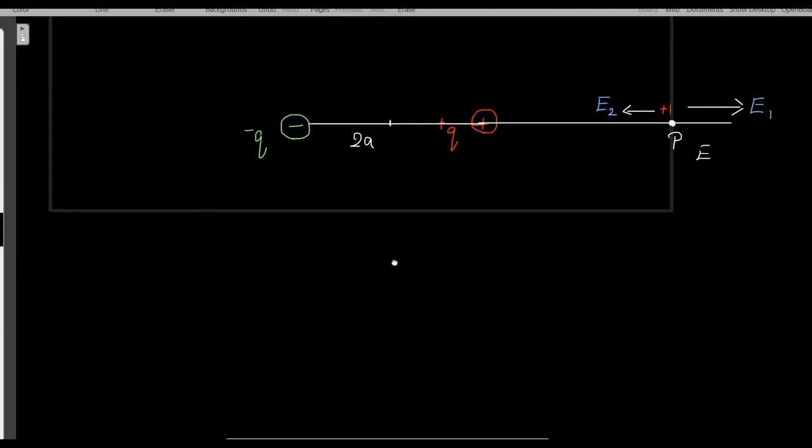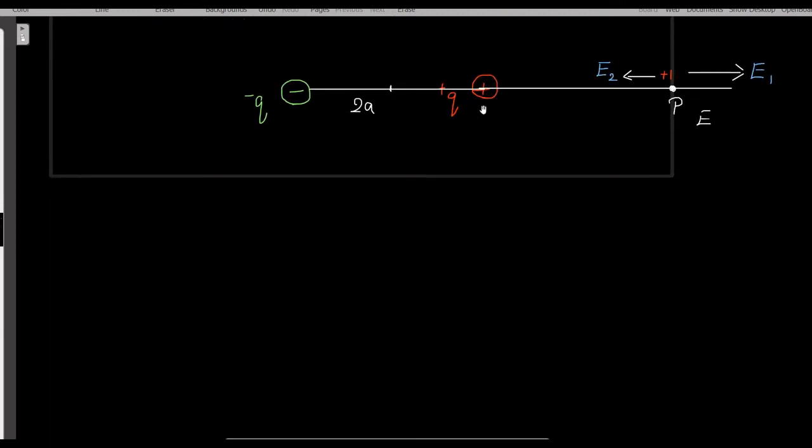Now for this, consider this plus q charge only. 2a is the length of the dipole, which means this side is a and this is a. One half is a, the other half is also a. Now the point P is at a distance r from the center of the dipole.